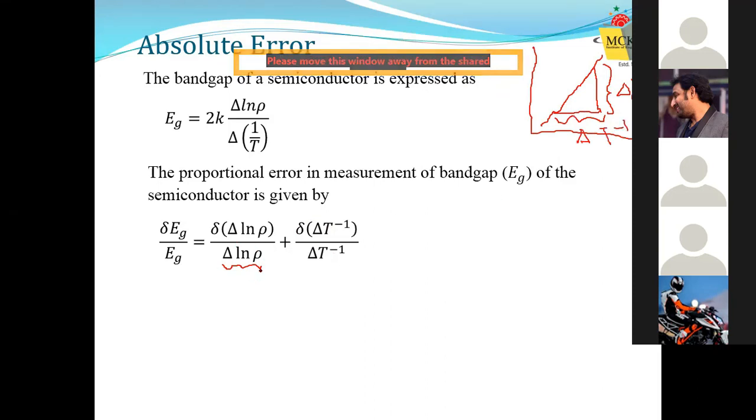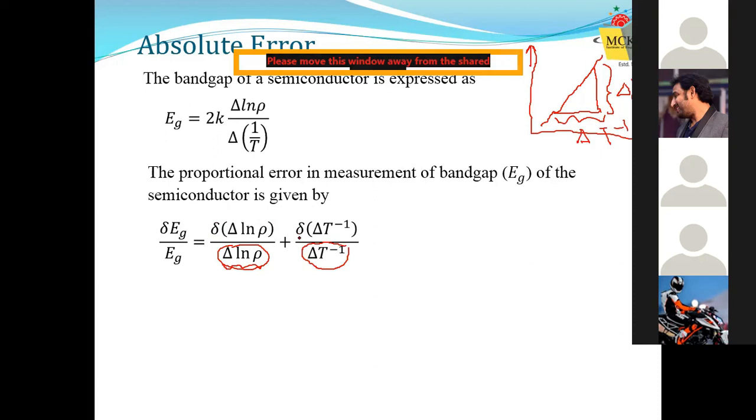So this you know the height of the triangle, and this you know the base of the triangle. What about this one? This, the numerator one, this is the smallest division along y-axis. ln rho is plotted along y-axis. So whatever scale that you take, it will depend on that. So this is the smallest division along y-axis and this is the smallest division along x-axis.